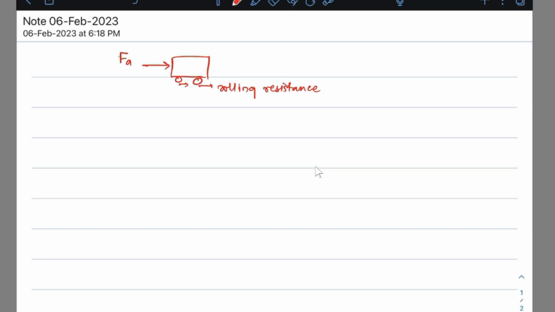This rolling resistance is equal to Fr into W, where W is the weight of the vehicle. And this is the aerodynamic drag.